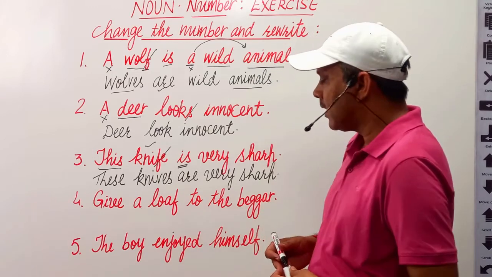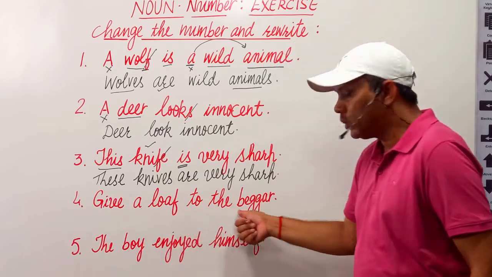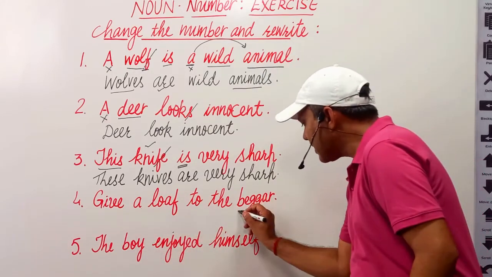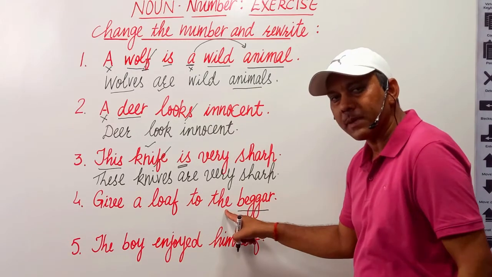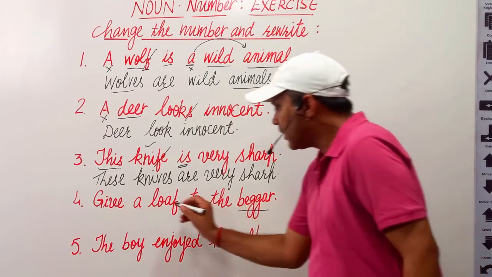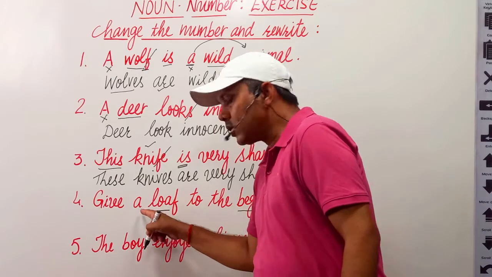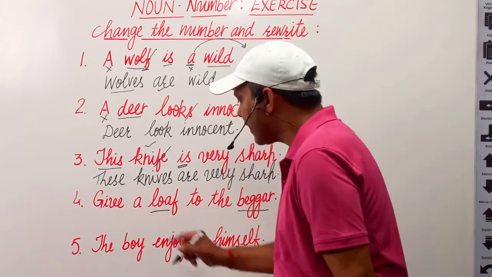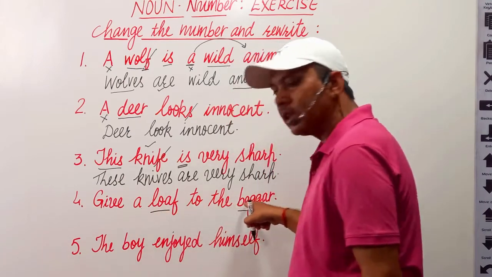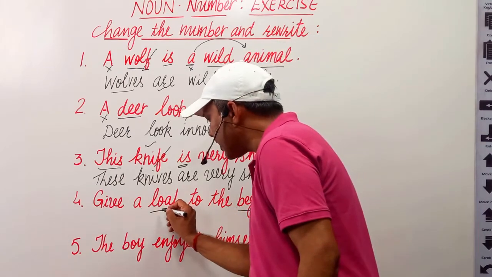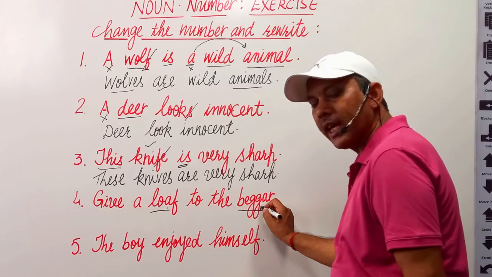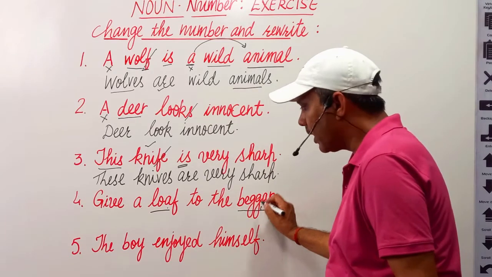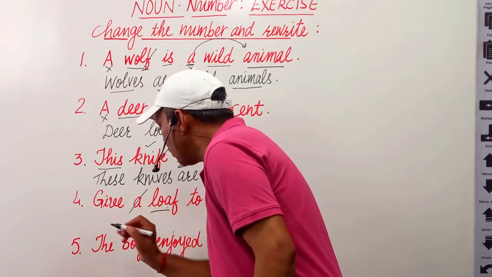And the next is, give a loaf to the beggar. Now this is a noun because it is preceded by an article the, and this is a noun because it is also preceded by an article a. We have to change it into plural, and we have to change the beggar also into plural. We have to remove a.